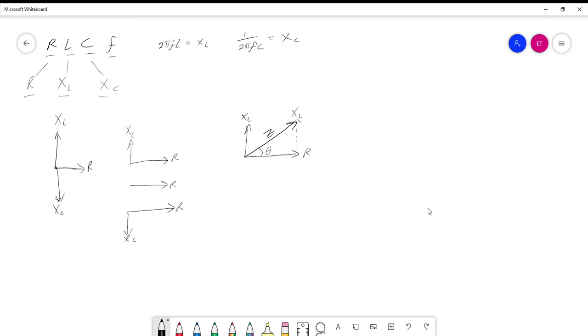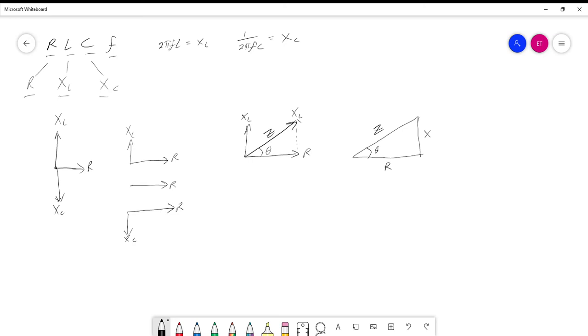Maybe we can redraw this right triangle to make it a little more obvious what we're dealing with. Okay. When you do shake it all out, you have a certain amount of reactance. You have a certain amount of resistance. Resistance is the adjacent side, and reactance is the opposite side. And then you have a certain amount of impedance, and you have a certain phase angle that exists between voltage and current.